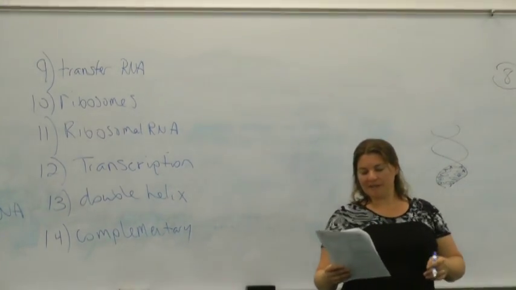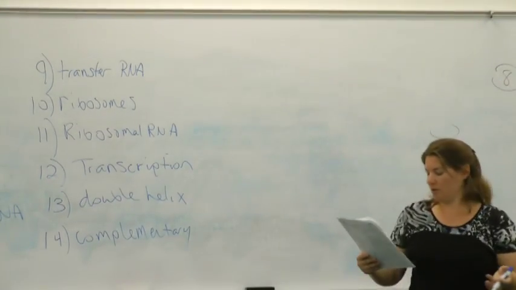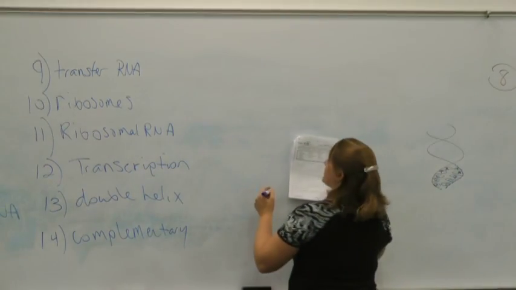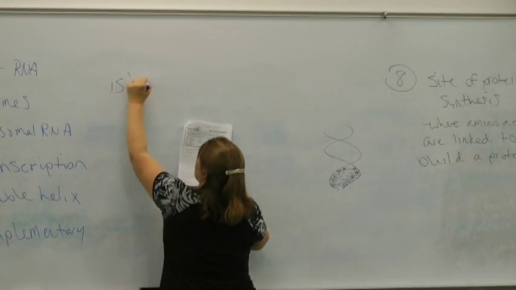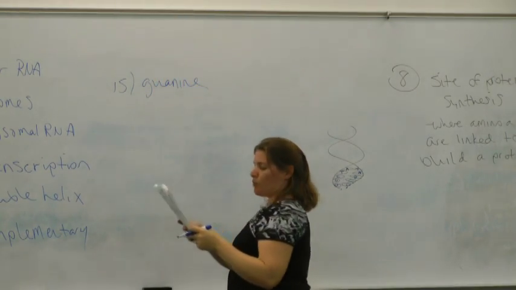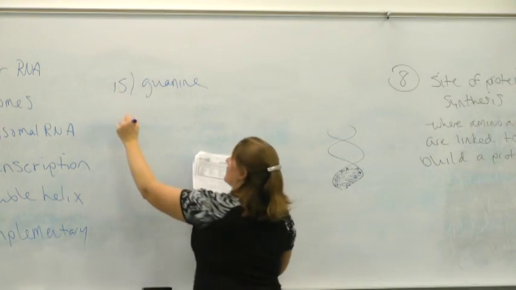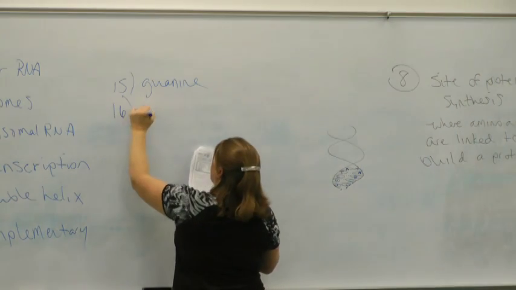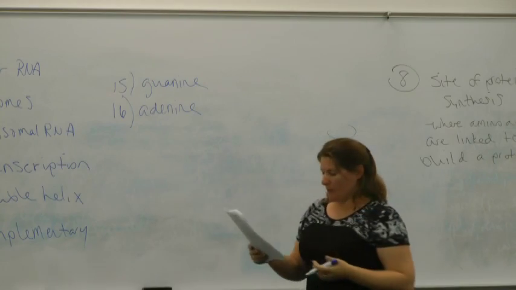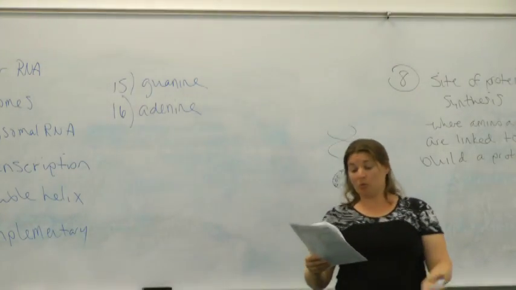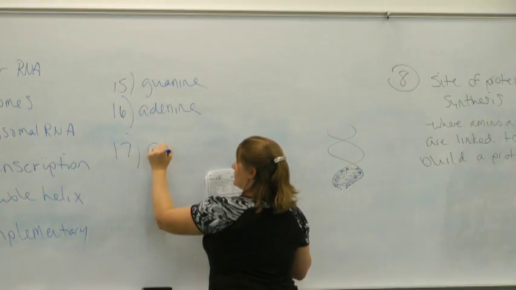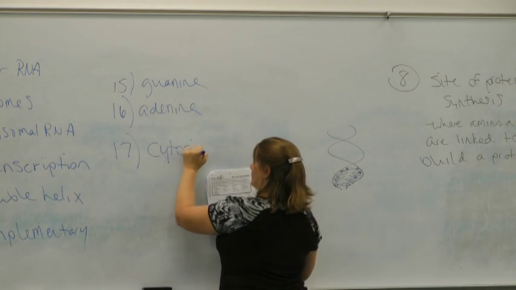Therefore, the nitrogen-containing base guanine will pair with the cytosine base in DNA, while this will pair with the thymine base in DNA. Adenine. Okay, and we didn't use one of these words. So what word did we not use? Cytosine.